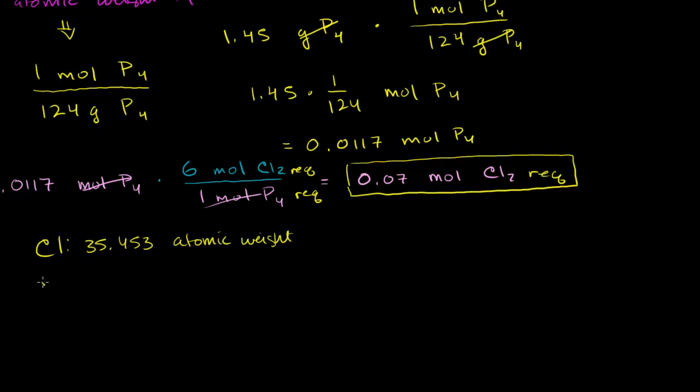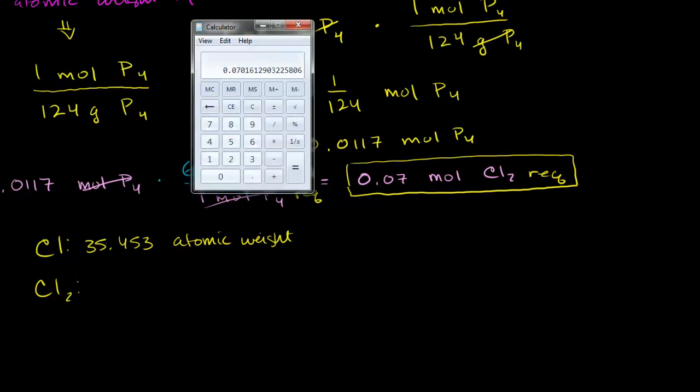So molecular chlorine gas, which has 2 atoms, is going to have twice that. So I could do it in my head. It's going to be right about 70.9. I'll just use the calculator.